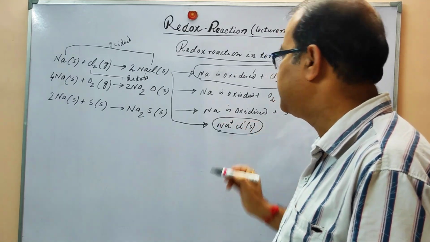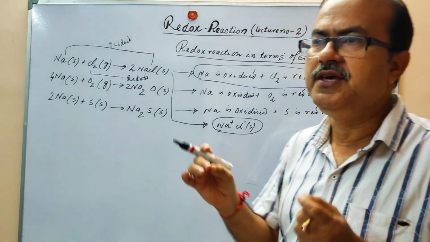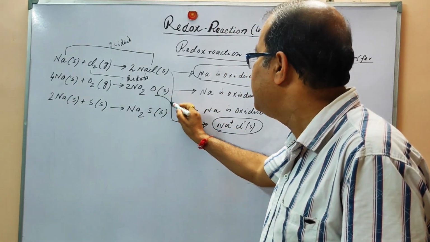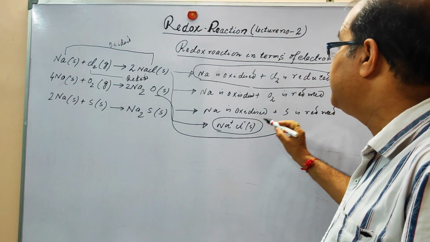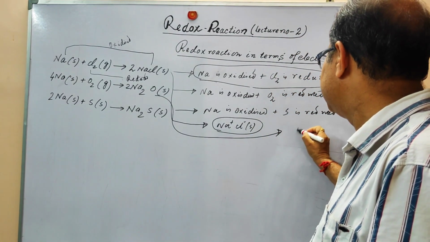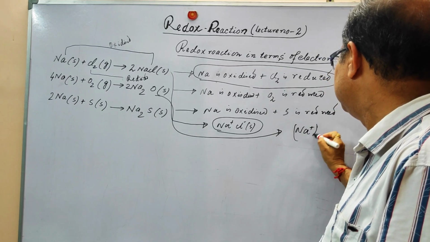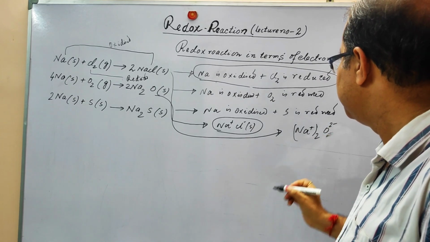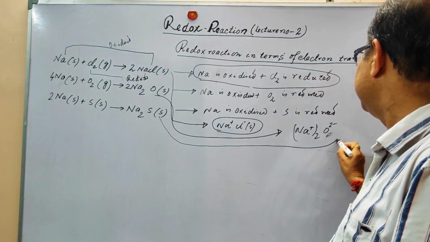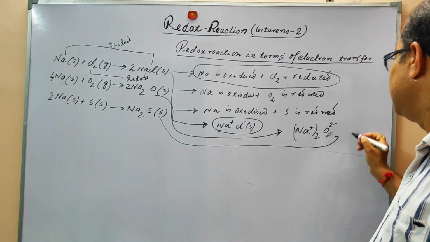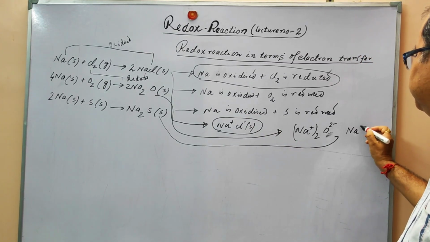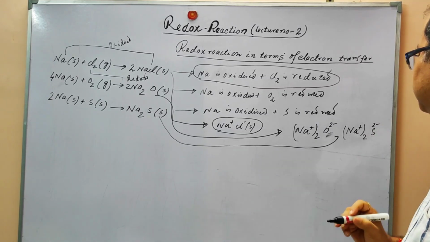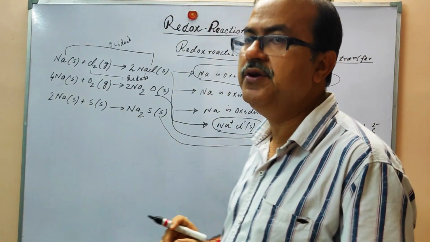That is the better representation because it is an ionic product and it is present practically as ions. In the same way we can represent sodium oxide as this, and sodium sulfide as this. So they are basically ionic compounds.